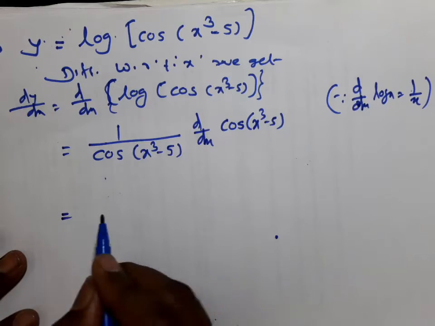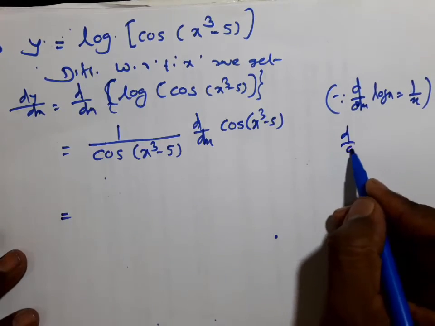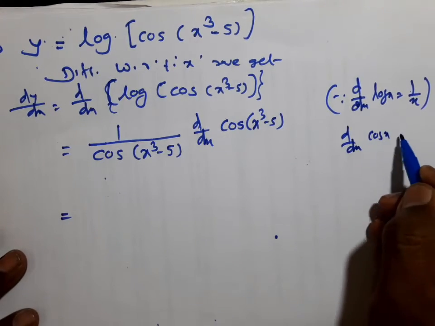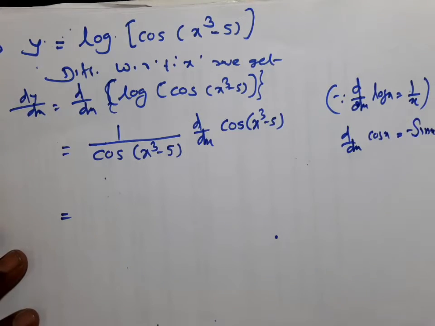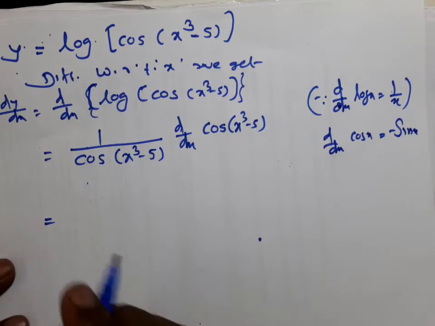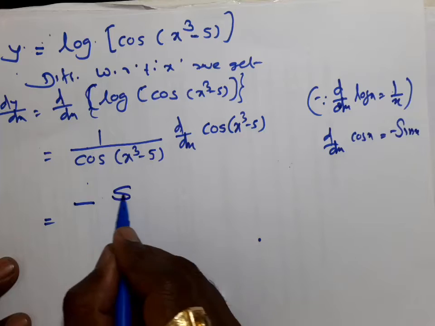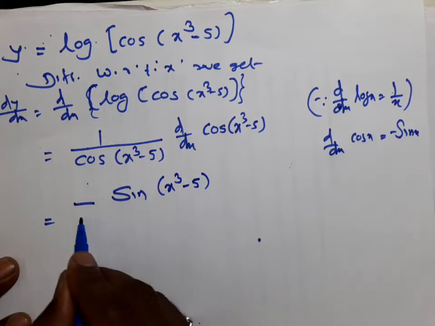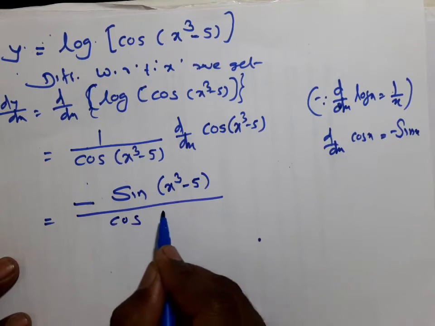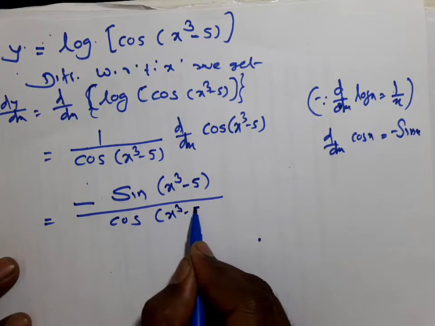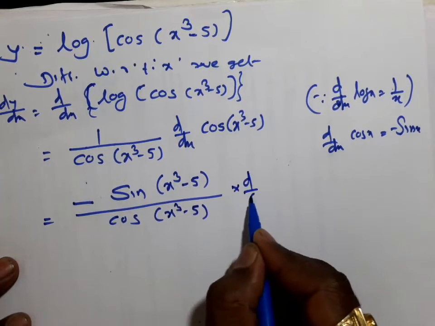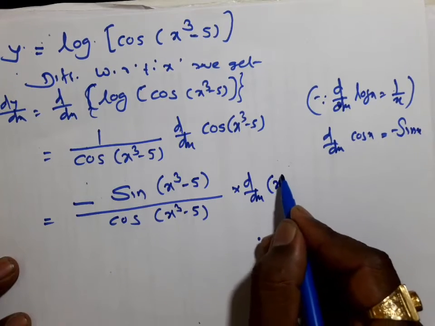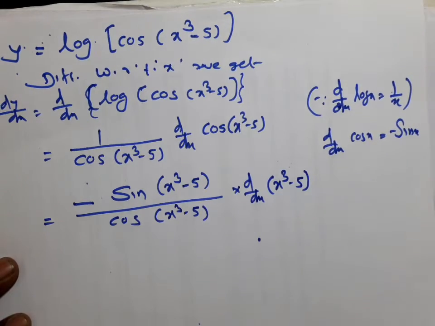Next, what is the derivative of cos x? It is minus sin x. So I am going to apply this. This is minus sin of x cube minus 5 upon cos of x cube minus 5 into d dx of x cube minus 5.